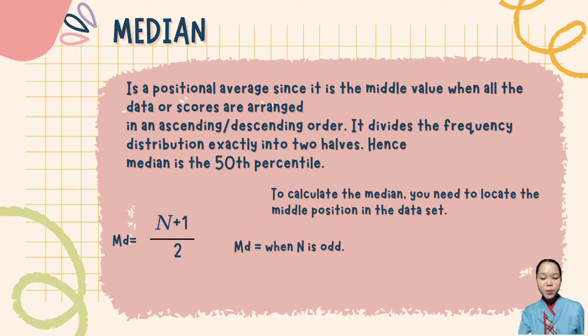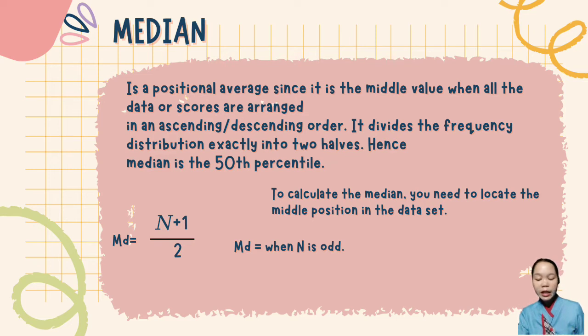Now, let us proceed to median. Median is a positional average since it is the middle value when all the data or scores are arranged in ascending or descending order. So it divides the frequency distribution exactly into two halves.